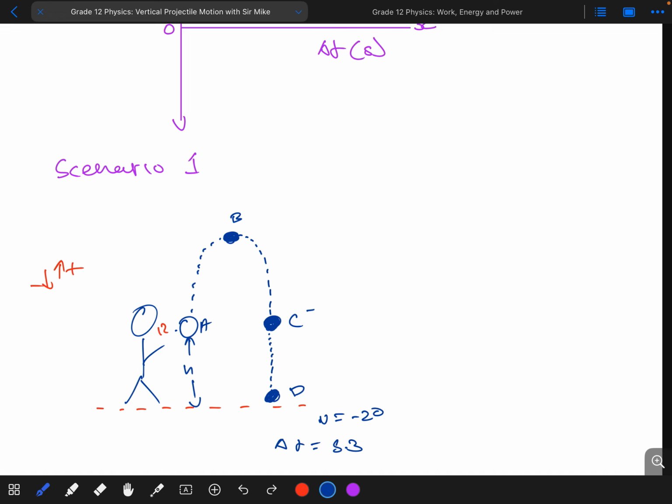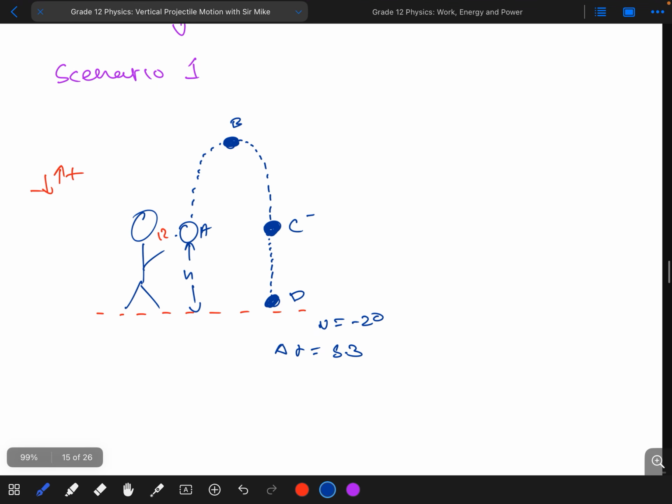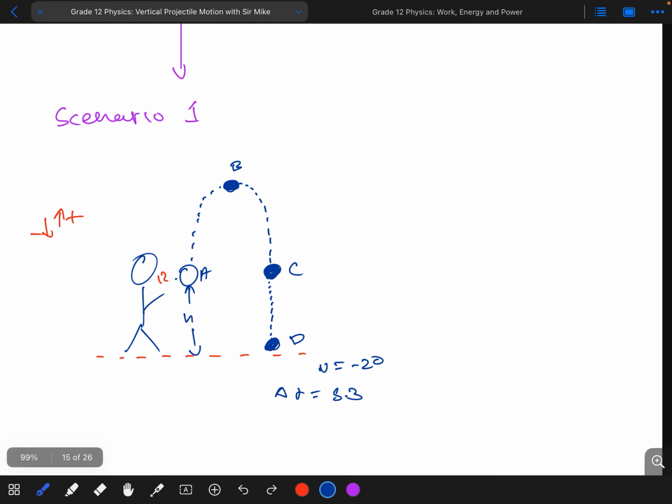Now according to what I said here, let me put in more information. Suppose this object took 2 seconds to travel between point A and B. That would mean it took the same amount of time to travel between point B and C, which is just 2 seconds.